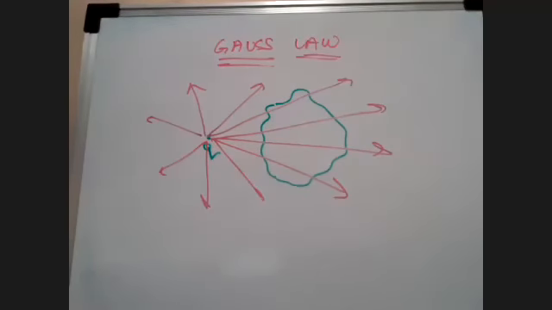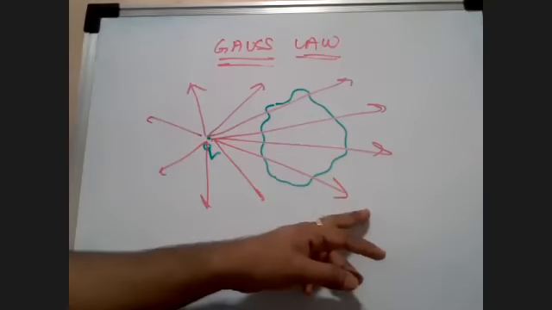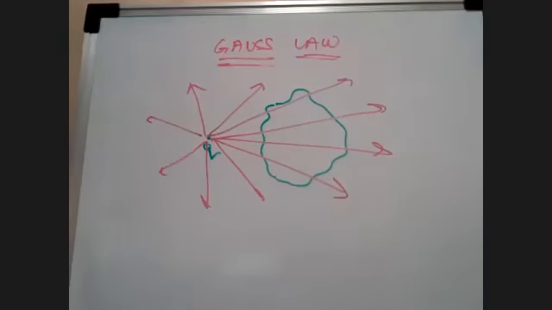So flux entering is equal to flux going out, and the net flux is zero. Flux emerging out minus the flux entering inside the surface. Okay, this is clear.